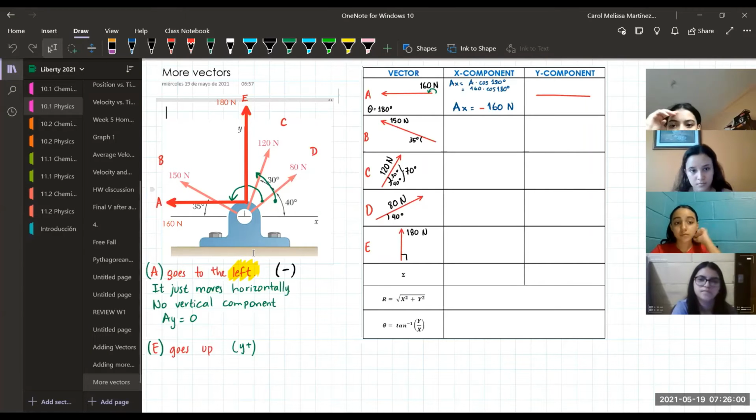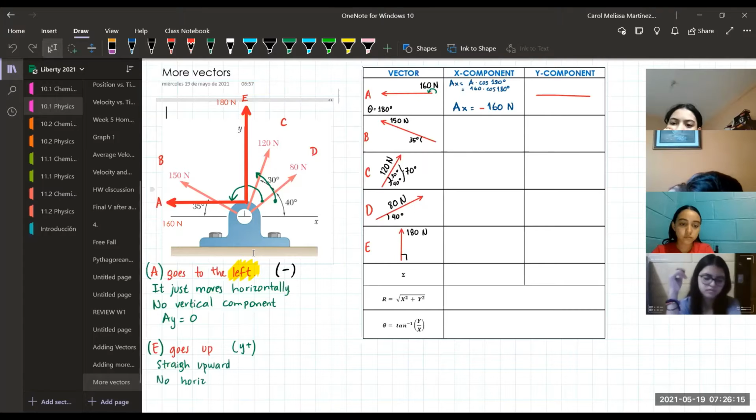Okay, so it is straight upward, which means no horizontal motion, which in the end means that your component X is going to be 0 because it's not moving horizontally. So in your components table, you won't need to calculate X, just the Y component.